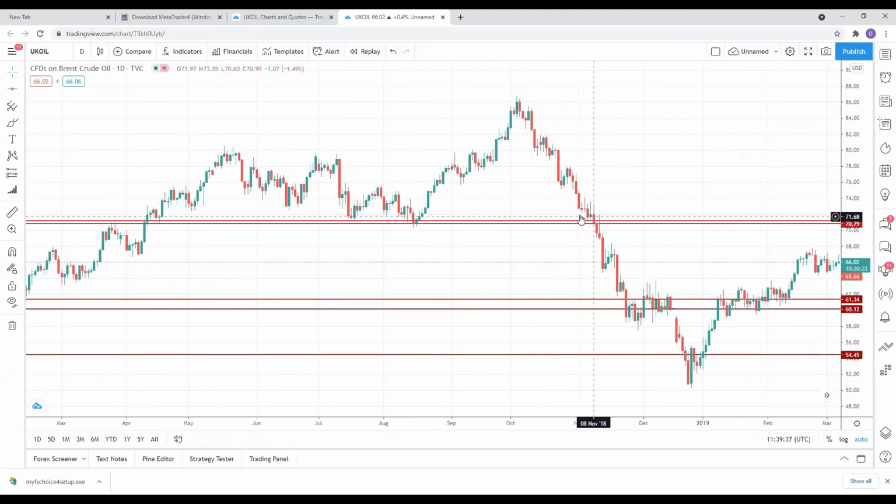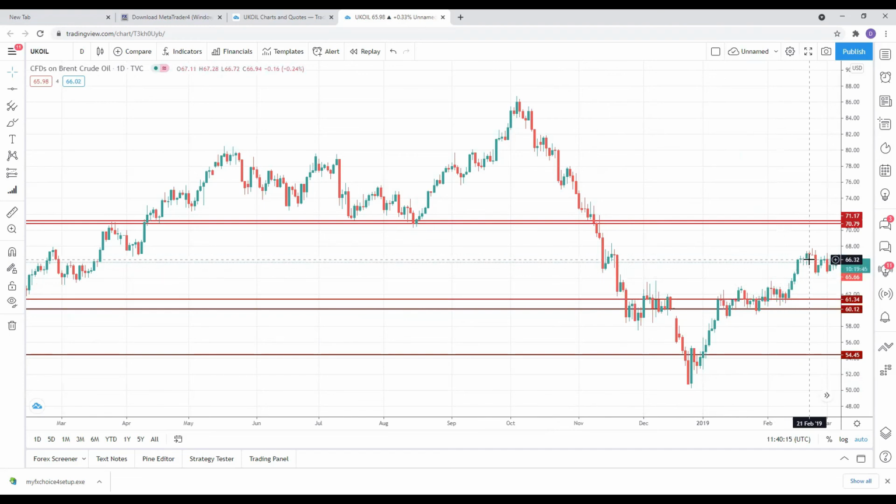A breakout occurred here. The price of the asset went down and broke the previous area of support. A breakout occurred here. The price of the asset went down and broke a previous area of support. This support was a zone. A breakout also occurred here. The price of the asset went down and broke a previous area of support. Then the price of the asset went up. It fluctuated at this area, which was acting as resistance.